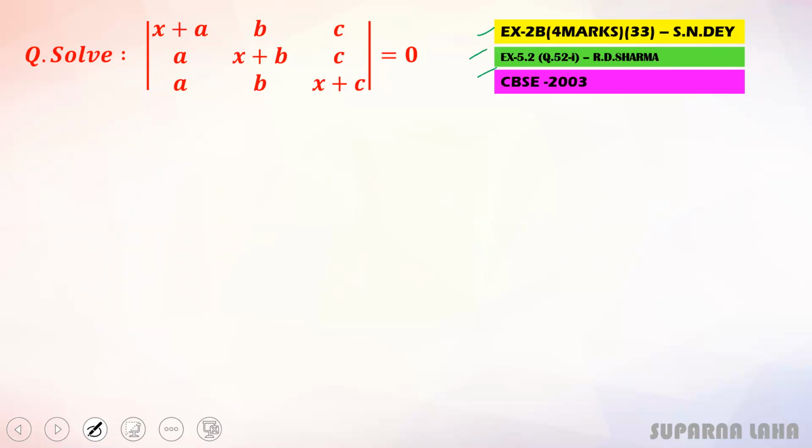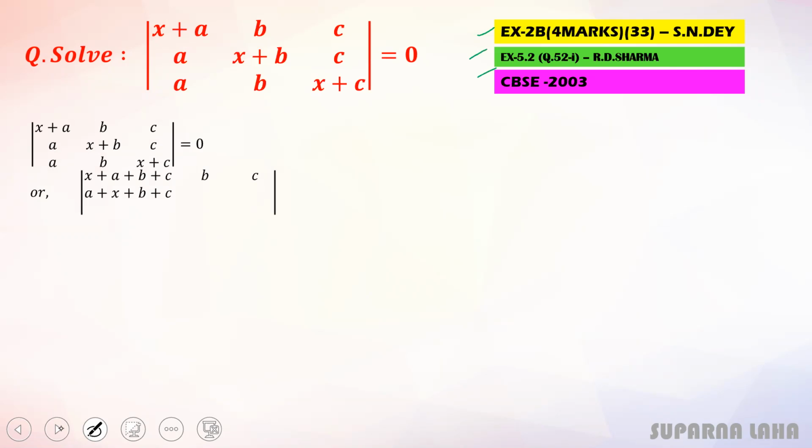So 4 elements are there in each row. Look at each row, you will find these 4 elements x, a, b and c. So if we add them, we can take this addition common. So if we add them, what we will find? This is x plus a plus b plus c.